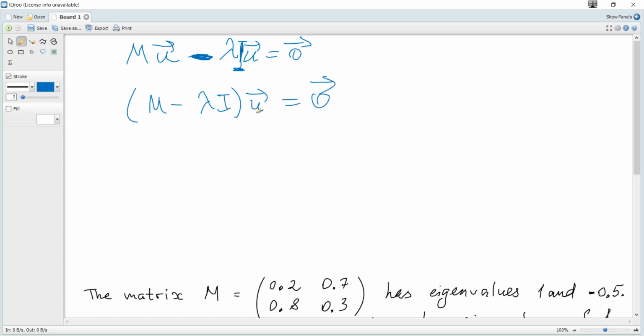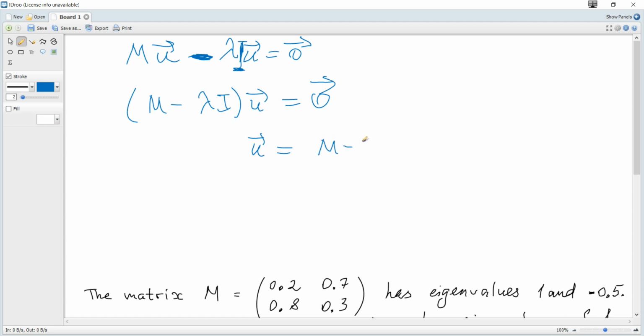Notice that I write u to the right, because in general for the product of two matrices, AB is not equal to BA, so it's not correct in general to write u to the left and then multiply by this matrix. And to find the solution, vector u, we should multiply both sides from the left by this matrix's inverse.